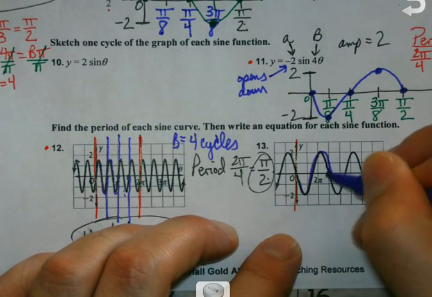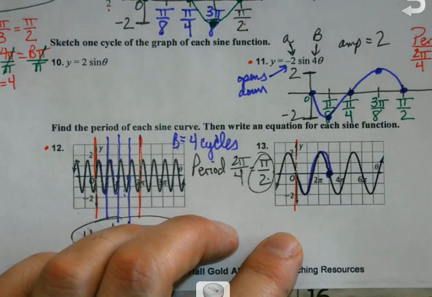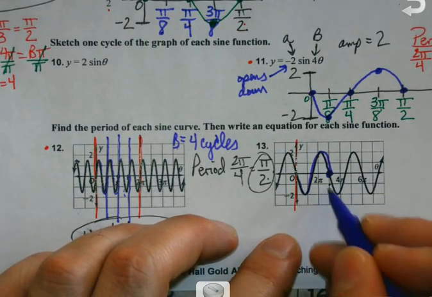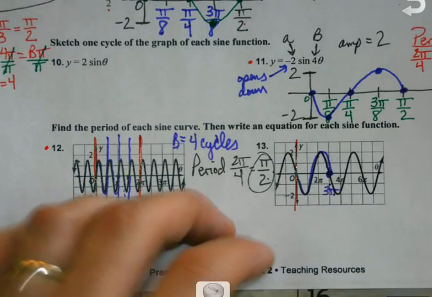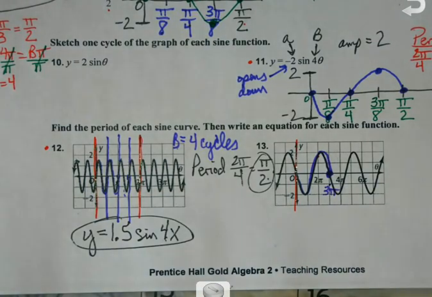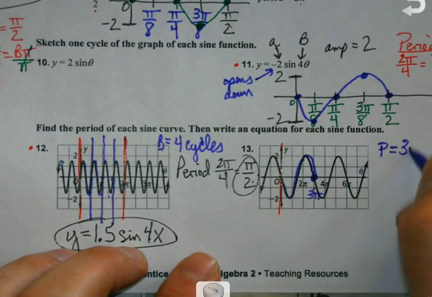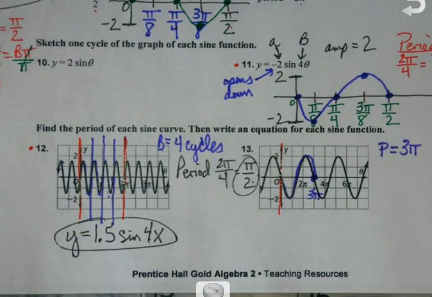Where am I at right here? 2 pi, 4 pi, 3 pi's in the middle. So if my period here is 3 pi, because that's one total cycle, it went more than the 2 pi.